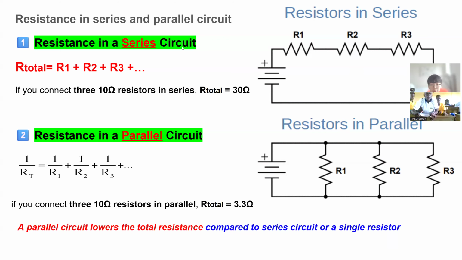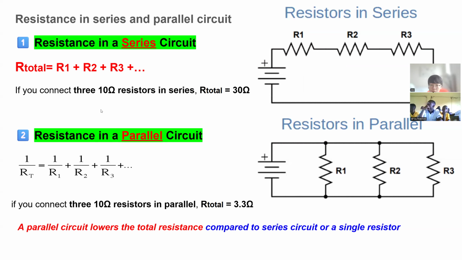For series circuits, the resistors are aligned side by side, all in the same line. The total resistance can be calculated by adding the resistance of each part.